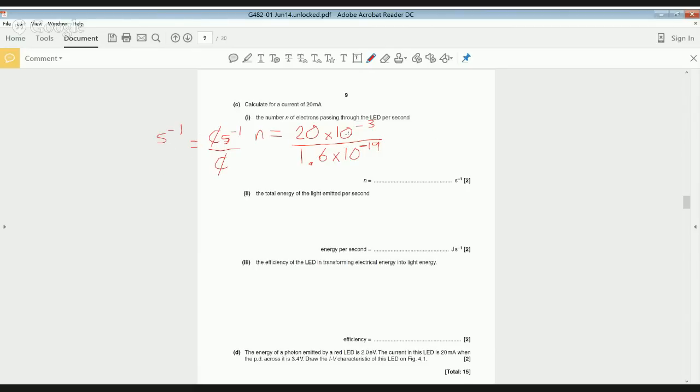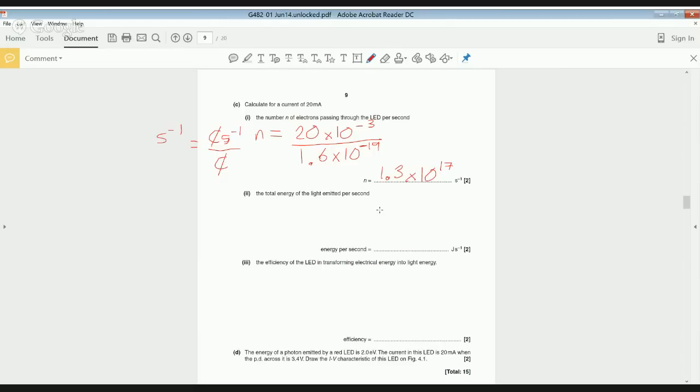So that's just a way of sanity checking the equation we've done there. Another way is to look at the answer, and the answer here is 1.3 times 10 to the power of 17 electrons per second, which is a very sensible number.